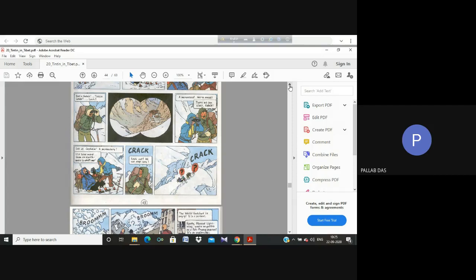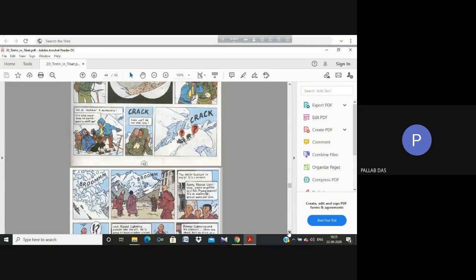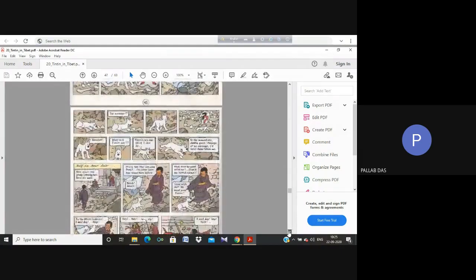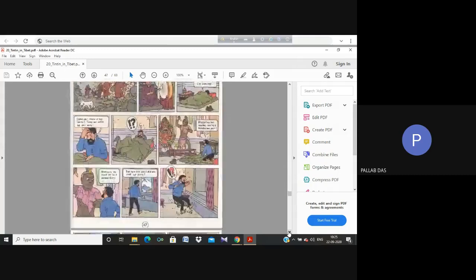All the previous things were, I would say, the non-living aspect of nature, whereas this Yeti is a living aspect of nature. And now Tintin had courage enough to confront even that. Though I would say Captain Haddock at some places resisted him, ultimately till the end he also accompanied Tintin.